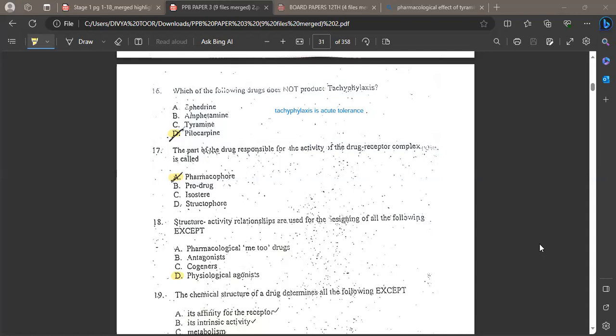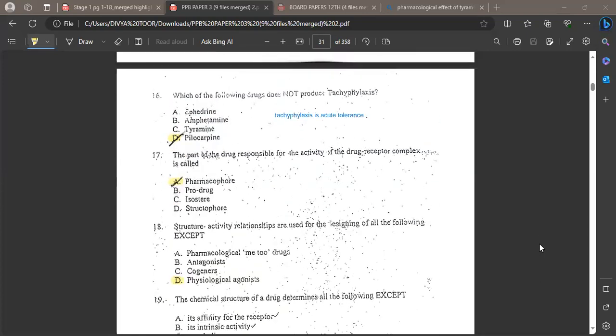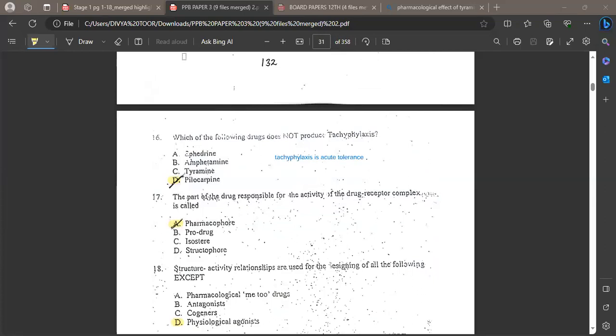The fact is prolonged use is tolerance, it's not tachyphylaxis. Anyway, maybe we can try and move on.